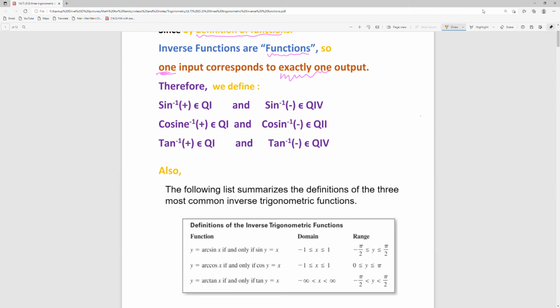Now, because of the definition of a function, and because inverse functions are functions, if you want to work out arc sine of square root of 3 over 2, you want to choose 60 degrees or 180 minus 60, which is 120 degrees.